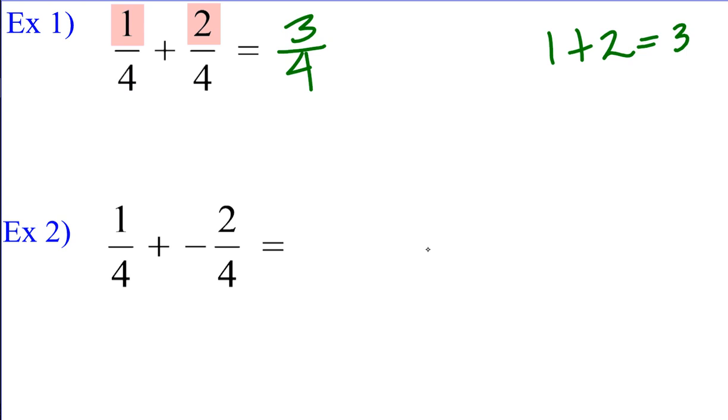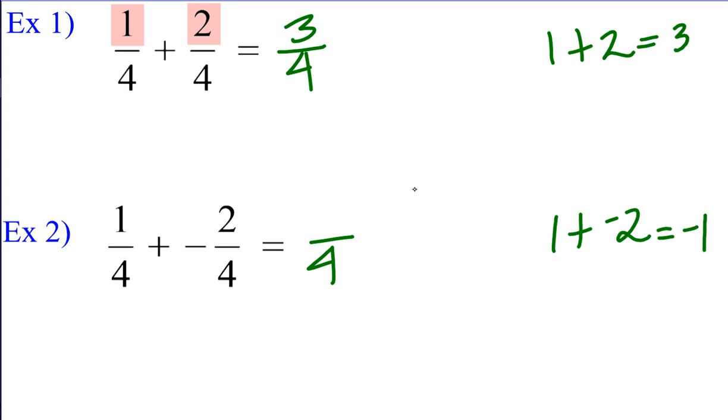We can take a look here at this second example, using the same idea, but we notice that it's a little bit different. Above here in example 1 we had 2 positives. In example 2 we have a positive plus a negative number. So if we follow this same rule of keeping the denominator because they are the same, I take these numerators, 1 plus -2, and we should know that 1 plus -2 equals -1.